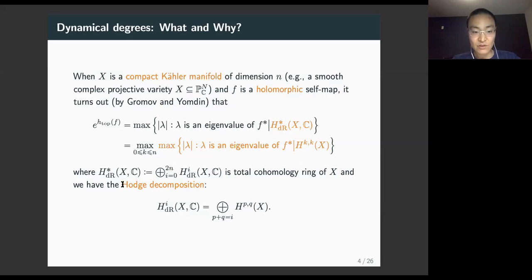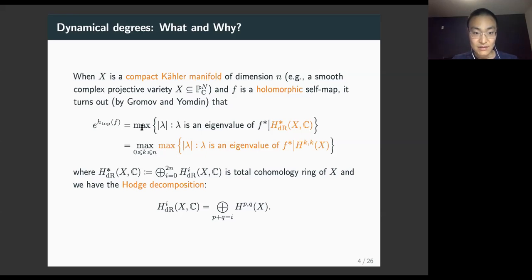So we have the following Hodge decomposition. For example, H^i is equal to the direct sum of H^{p,q}, where p plus q is i. And then lambda is an eigenvalue of this linear transformation. We don't have to consider all eigenvalues; it's enough to consider eigenvalues of the pullback action on H^{k,k}.